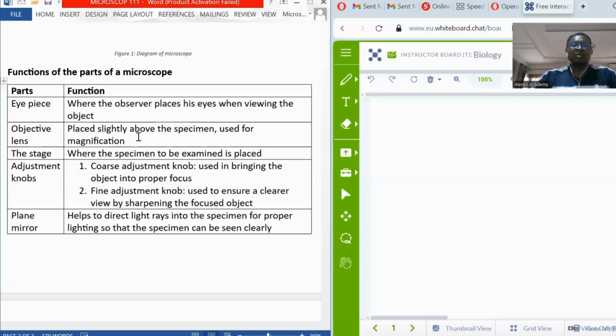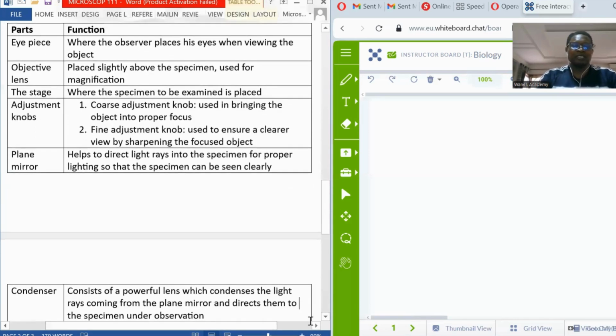We have the adjustment knobs, the coarse adjustment knob. It brings the specimen closer to the objective lens, while the fine adjustment knob gives a clearer view. We adjust it to give a clearer view of the specimen. Then we have the plane mirror in the case of the light microscope, which focuses or directs sunlight through the condenser to the specimen on the stage.